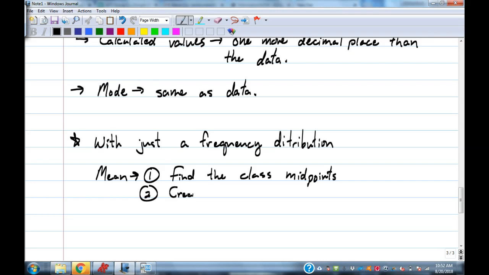And then create the frequency table with midpoints and frequencies.